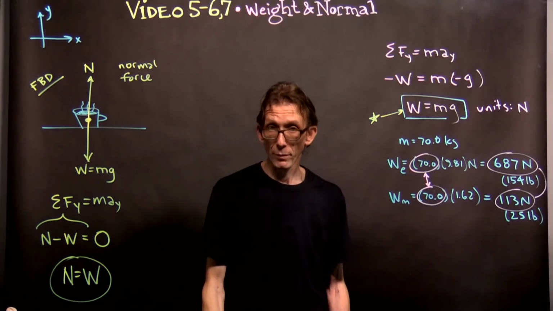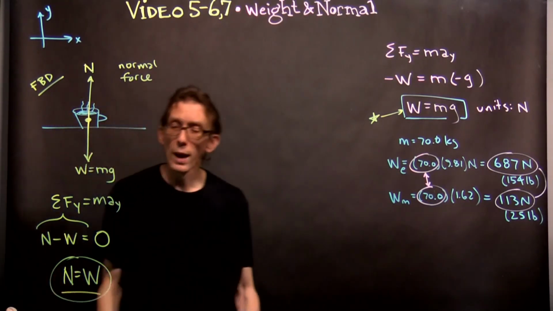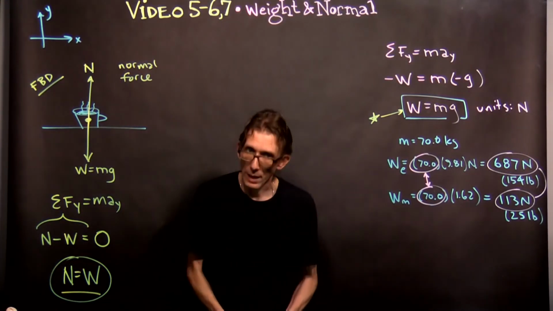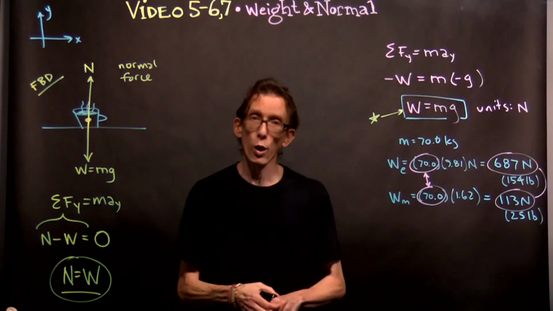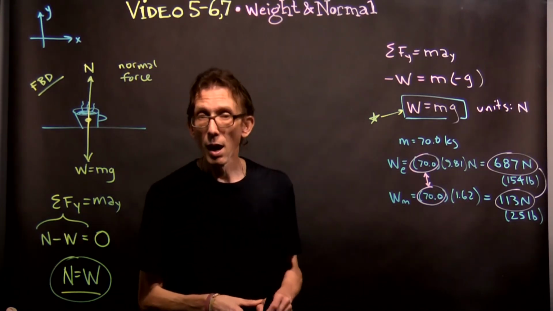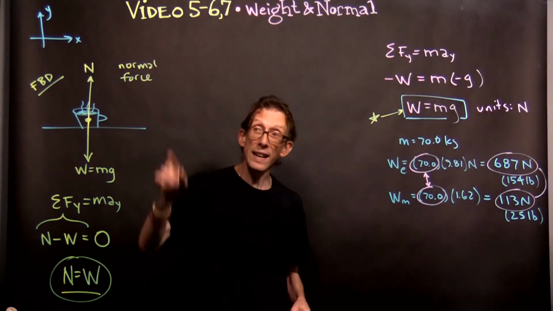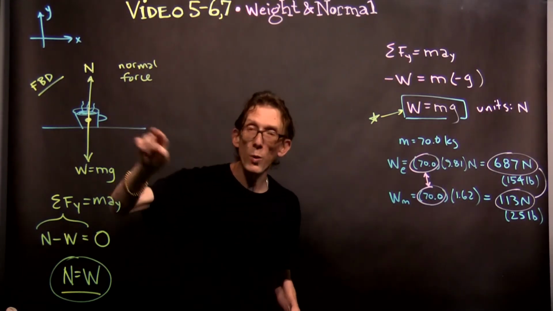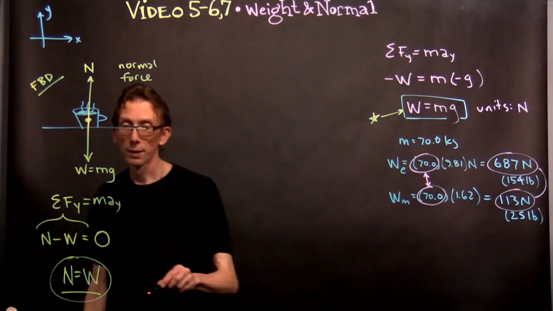Okay? Now, you might be tempted to think that the normal force is always equal to the weight. It is not. The next 3 videos are going to be worked, detailed examples of situations where the normal force is not equal to the weight. It is for this coffee cup in this situation, but in general, the normal force is not equal to the weight.